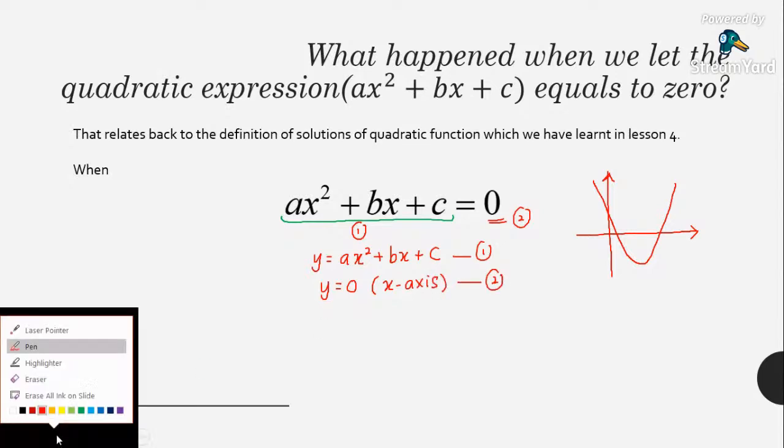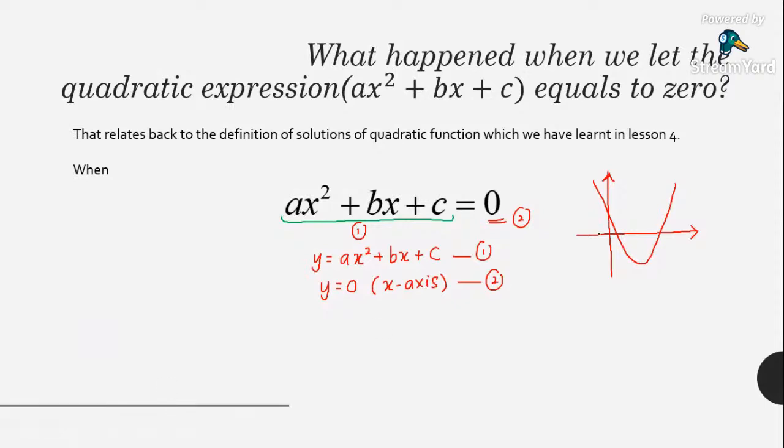All of you should know that y equals 0 is the x-axis. Where is your x-axis? Your x-axis is over here. This is your second equation or second graph. We can see there are intersections between the quadratic graph and the x-axis. So you have 2 points of intersection.